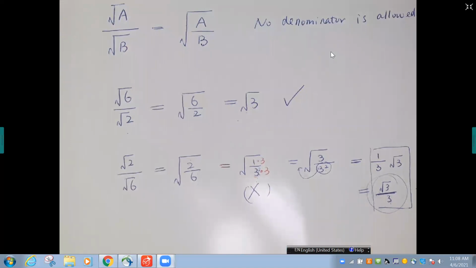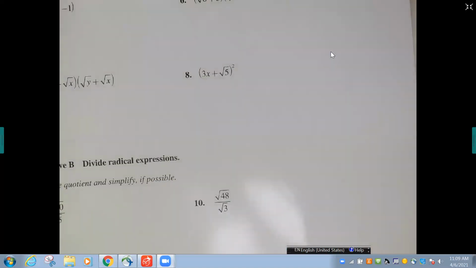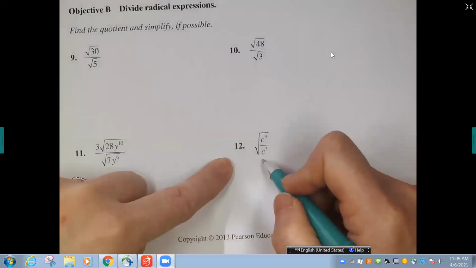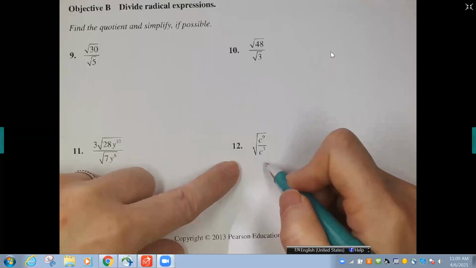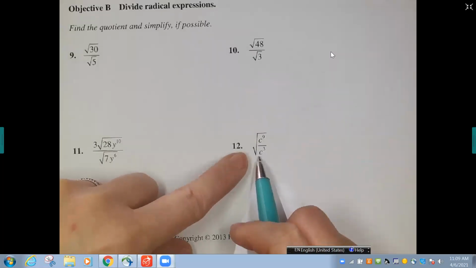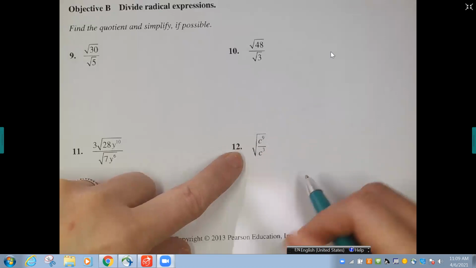Let's look at a few more examples right here. I have this one. So we have seen numbers. What if we have variables? Same thing. Actually, for this one here, we don't have to divide. We just need to simplify this radical expression. What do we have?